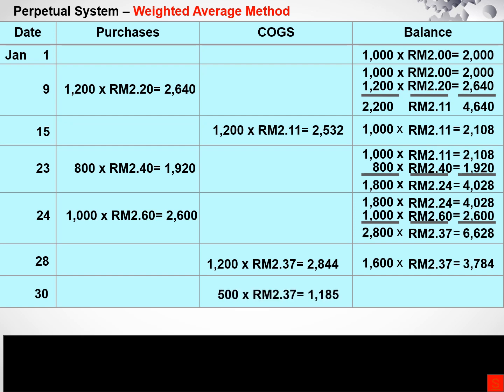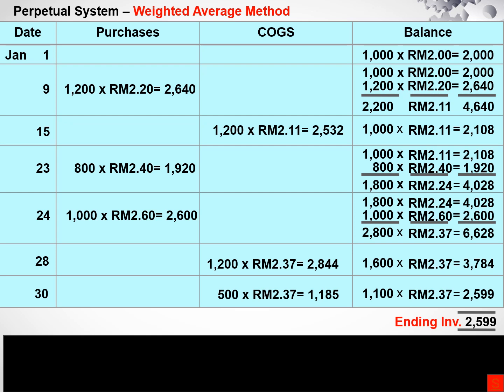And lastly, on 30th January, sales 500 unit times 2 ringgit and 37 equals to 1,185. So the balance are 1,600 minus 500 equals to 1,100 unit and the total costs are 3,784 minus 1,185 equals to 2,599. And the cost per unit just take 2 ringgit and 37 cents.